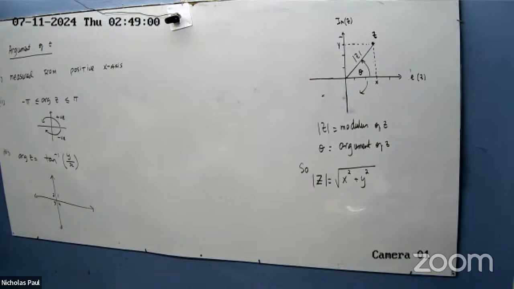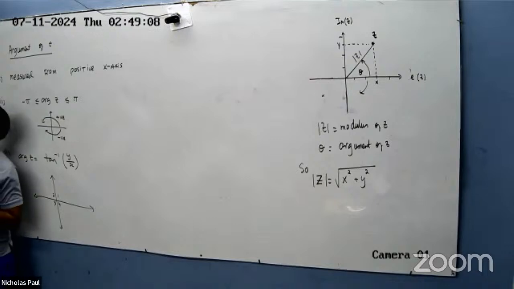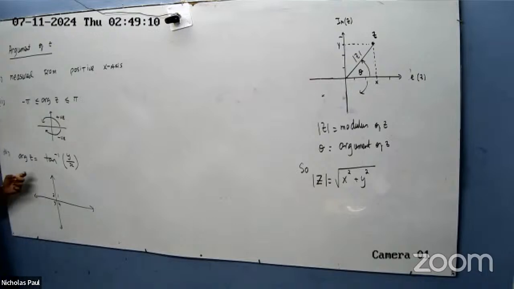All right, so here's the problem. This formula works nicely when the complex number is in the first quadrant or the fourth quadrant, but it doesn't work when it's here and here.